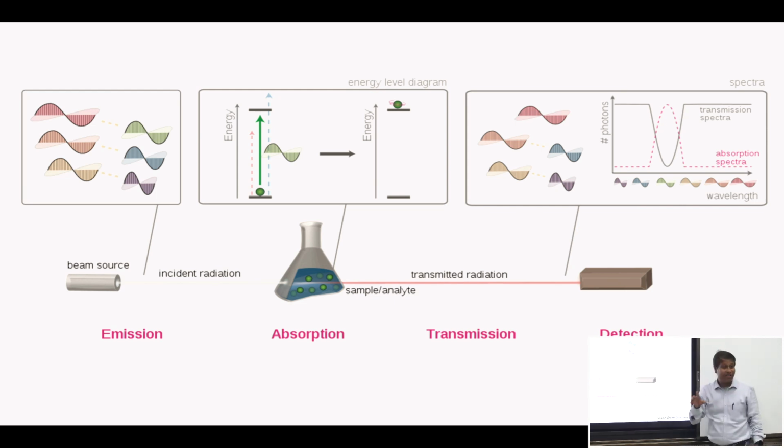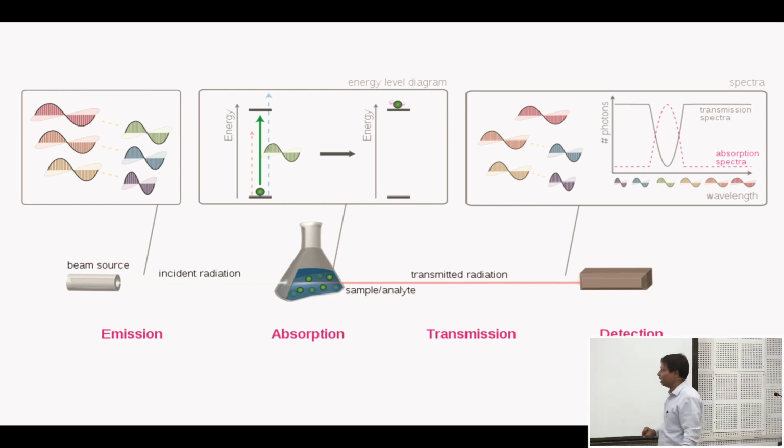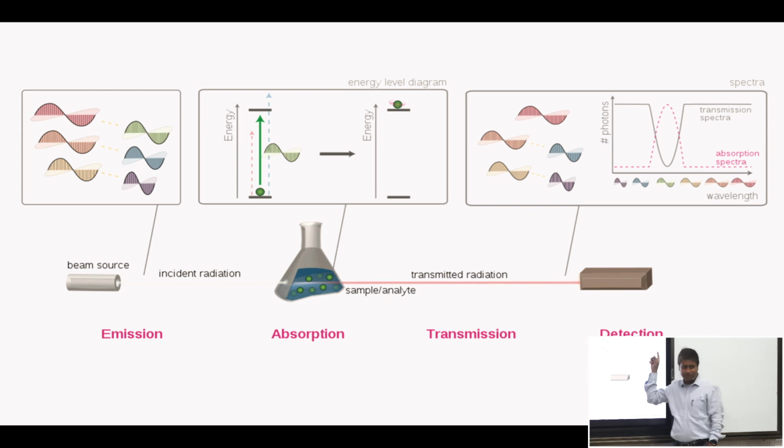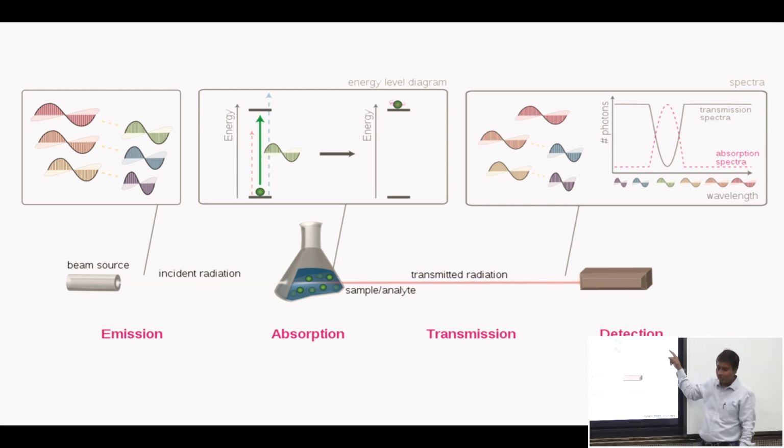Now if you plot this in terms of the spectrum, a spectrum can be plotted in many ways. Here you have to always see what is in the y-axis caption and what is in the x-axis caption. Here it is plotted with respect to wavelength, and two ways are shown. This is photon intensity. The black line says it is a transmission spectrum: 100% transmission, 100%, 100%. In the case of green, you see it is 0%.